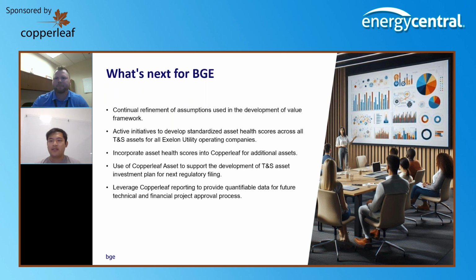So there's a couple questions that came up. I know you mentioned wanting to talk about the O&M versus capital expenditure one. I'll hit that one first. One of the things you can have inside Copperleaf, not everything needs to be a replacement.